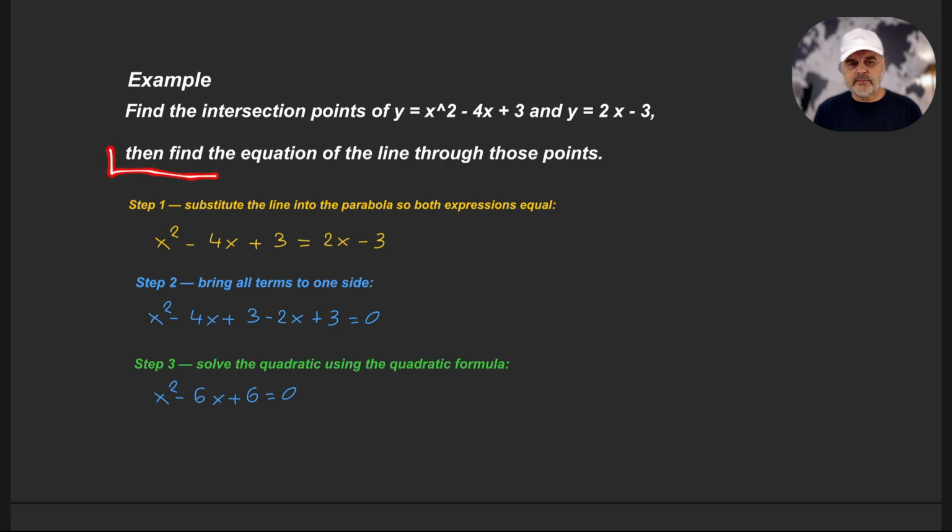The next part of the question is to find the equation of the line through those points. So we will find those points of intersection if they exist, and then generate the equation of the line through those points to confirm that indeed this is the same line that was given in the first place. So for now, the points of intersection.